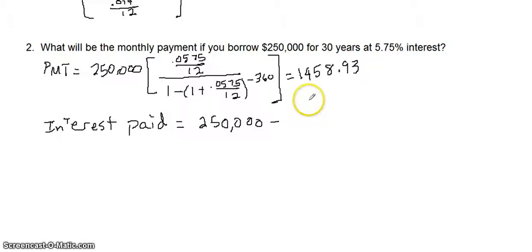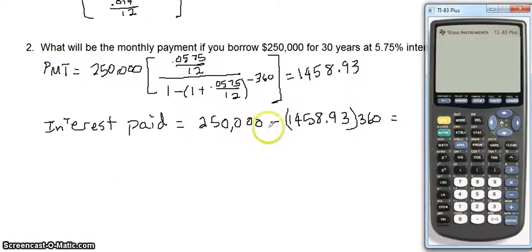The amount you pay over a 30-year loan is $1458.93 times 360 payments.